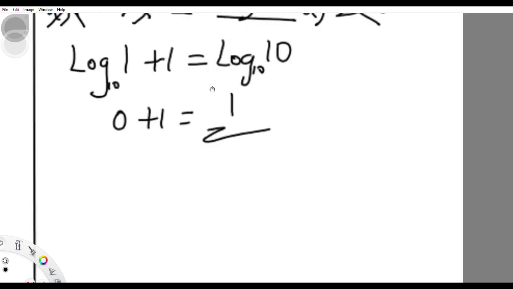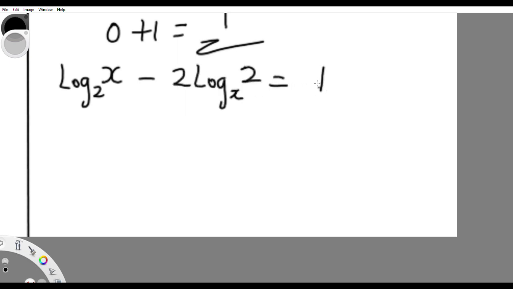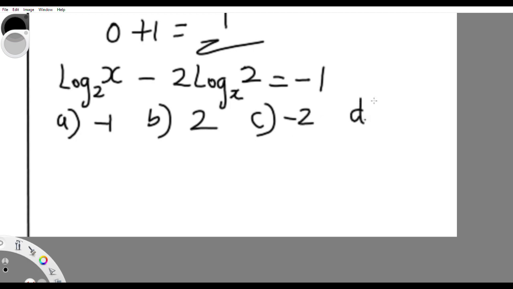And the last one I'm going to be treating is log x base 2 minus 2 log 2 base x equals 1. And what are the options? You have a to be minus 1, b to be 2, c to be minus 2, d to be 1.